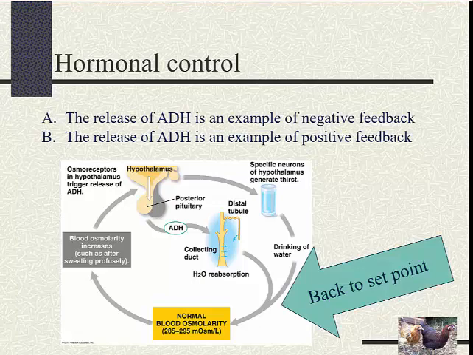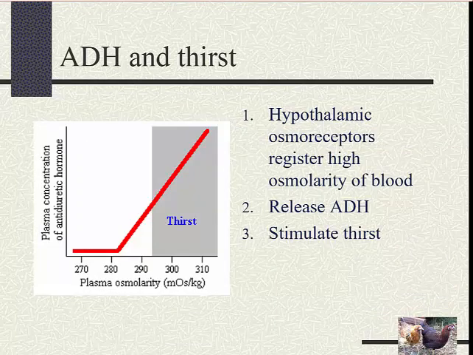As we saw in the previous slide, there are two responses and effectors. One is the neurons triggering thirst, and the other was our cells, neurons actually, releasing ADH in the posterior pituitary.